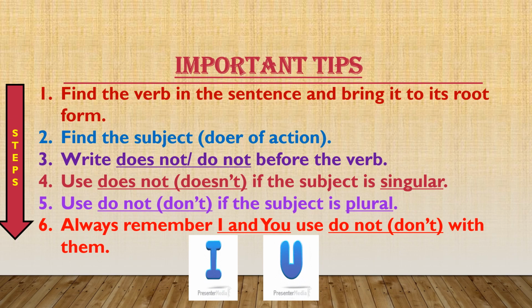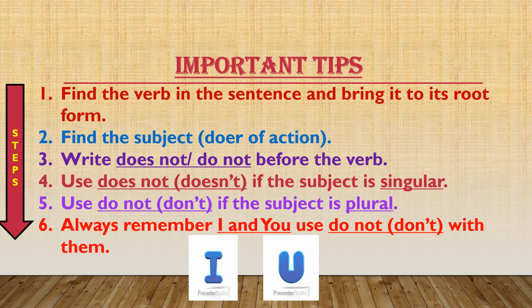Let us revise once again. You have to follow these steps one by one to change simple present sentence into negative. Step number 1. Just find the verb and bring it to its root form. Then find the subject and identify whether it is singular or plural.